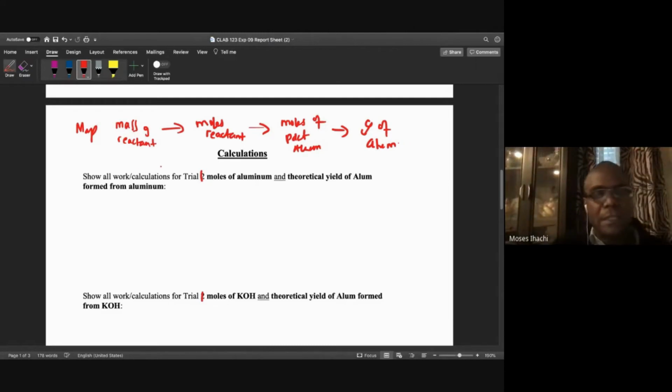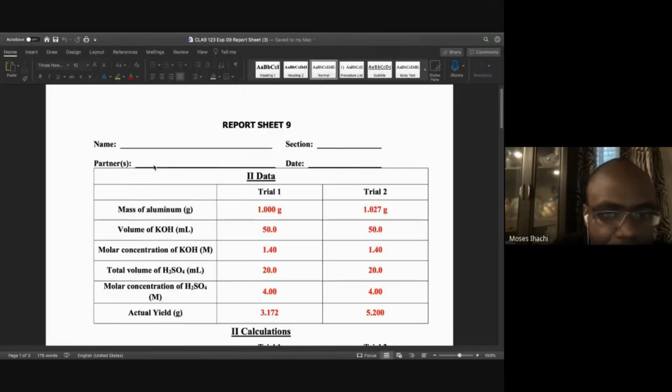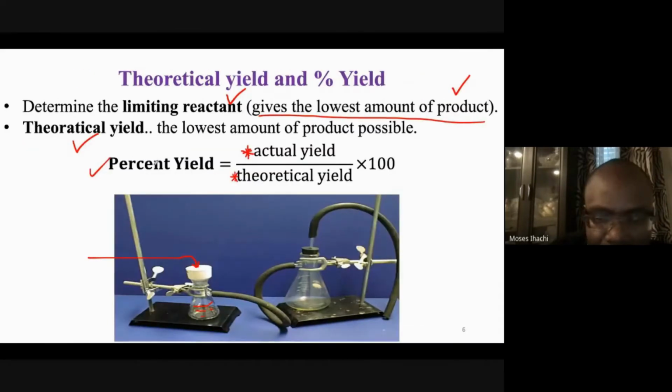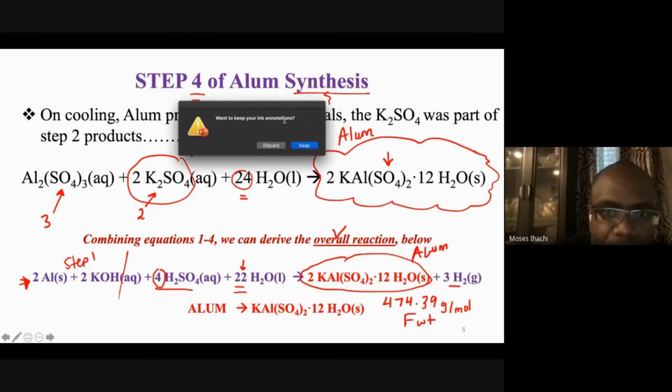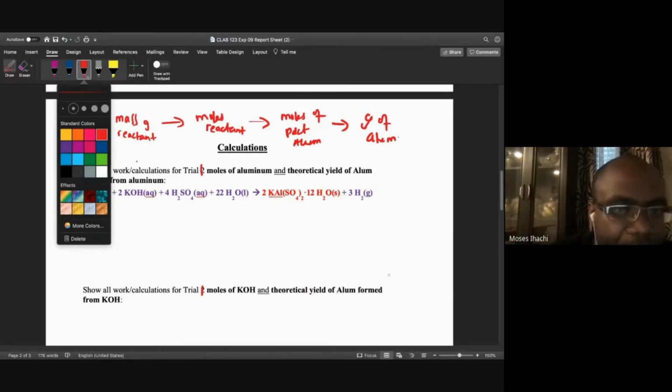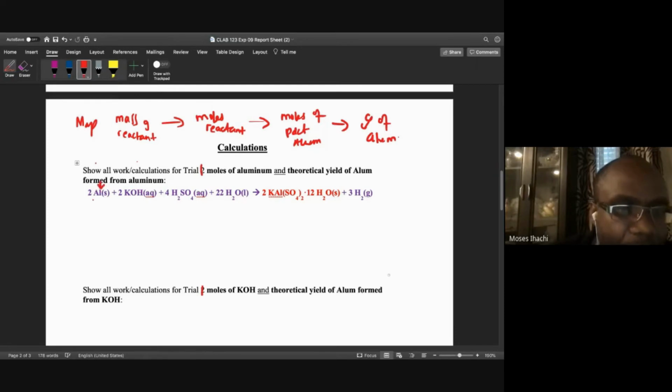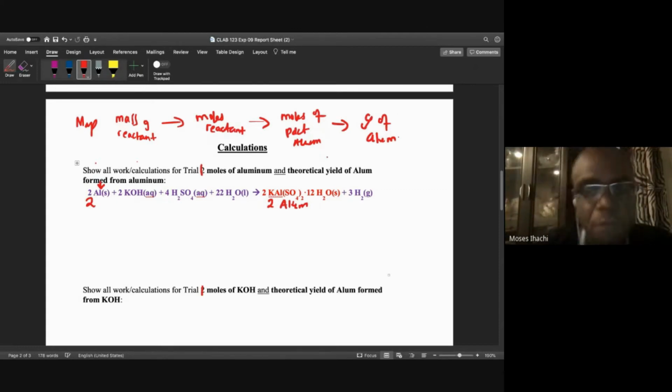But what is the overall equation of reaction? We have it right here. I'm going to copy it. Our interest right now is aluminum. For every 2 moles of aluminum, you're making 2 moles of alum. This is important because once we know the moles of aluminum, we can predict the moles of alum in our strategy and find the grams of alum.